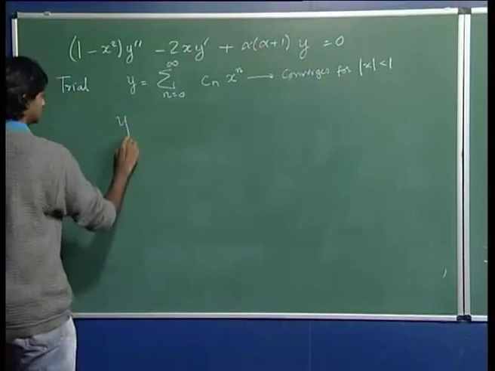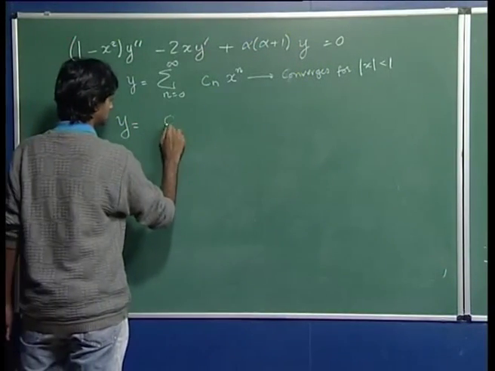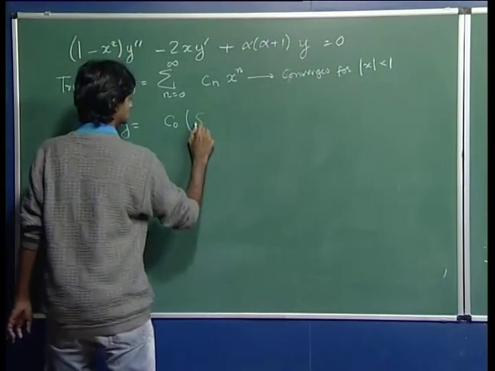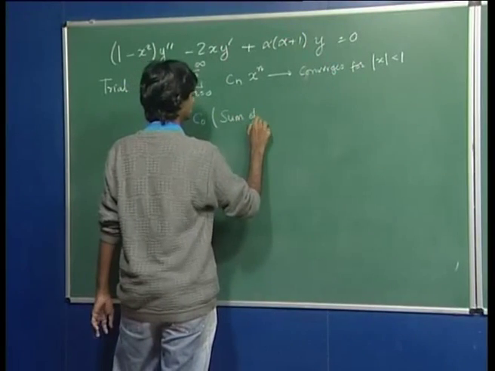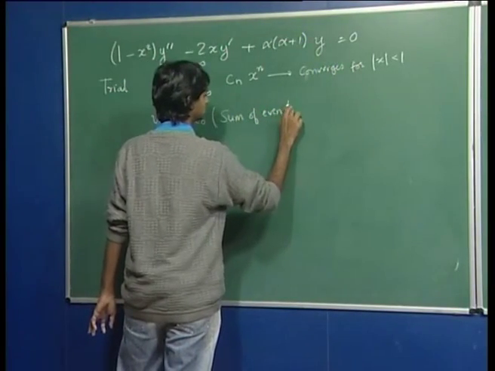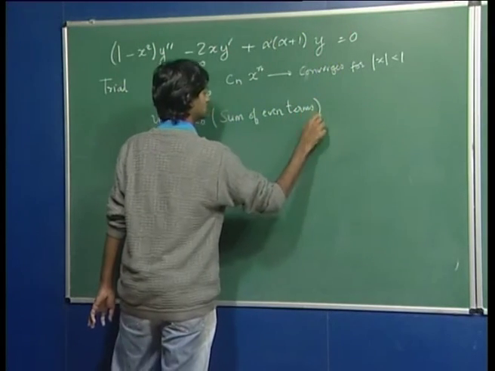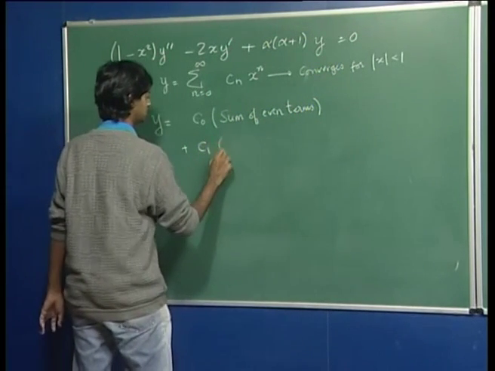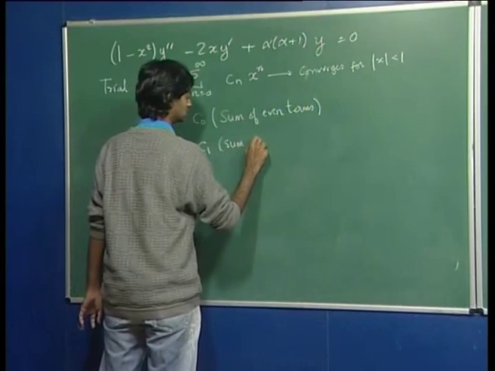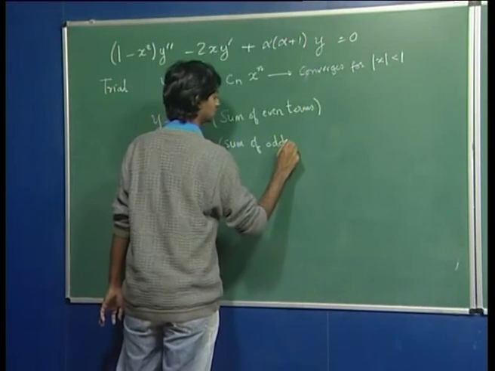So now we had y is equal to C0 times the sum of even terms, plus C1 times the sum of odd terms.